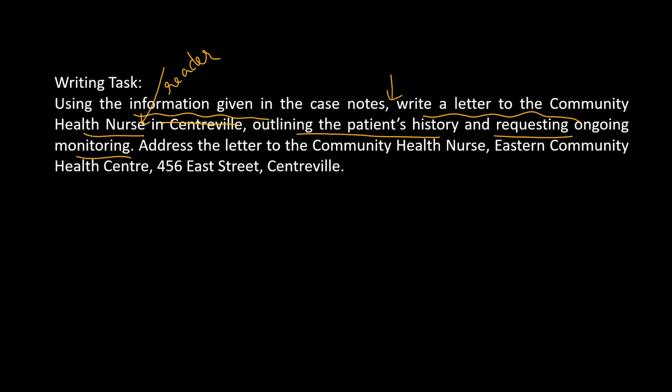So this is one requirement and this is the second requirement to be added. But why are we writing it to the community health nurse? What is the exact reason for writing the letter? So the task does not clearly mention it.